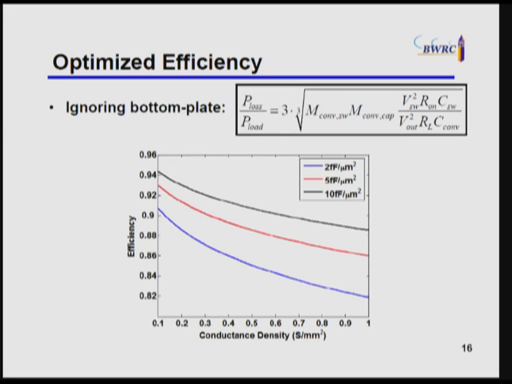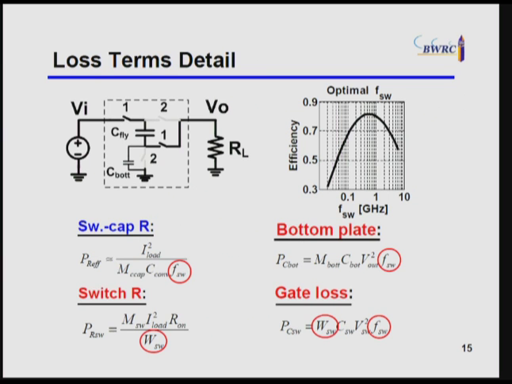So that's actually some fairly simple math that we went ahead and did. And I'm not going to bore you with the details of exactly how you come up with these expressions. But it is useful to take a look at what some of the results are. Just to make life a little easier in terms of coming up with the answers, what I first want to do is ignore one of the loss terms. The first loss term that I'm going to ignore is the so-called bottom plate or parasitic capacitance associated with the main capacitor itself.